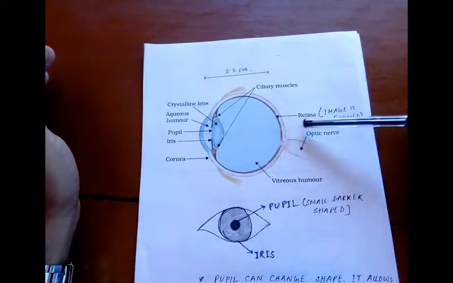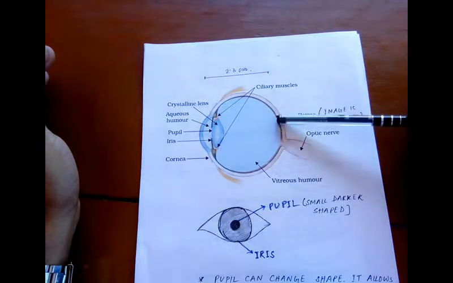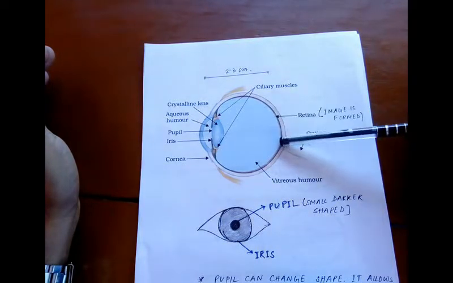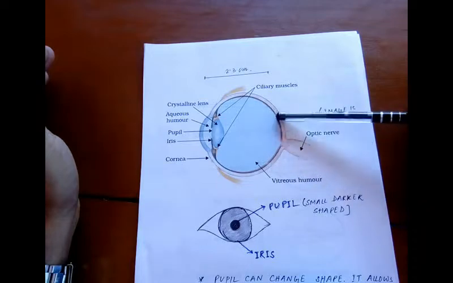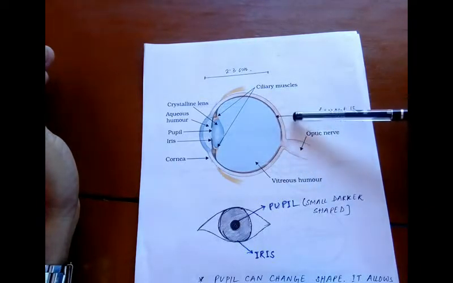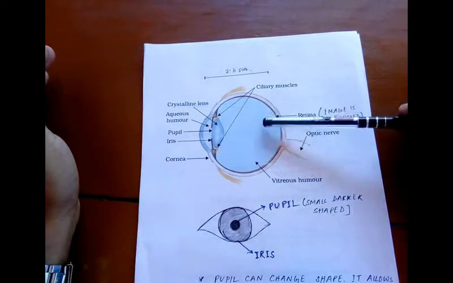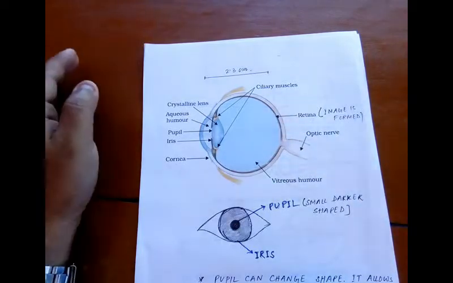From that retina, the light sensitive cells present in the retina will send electric signals to the optic nerves to the brain, and the brain will recognize what you have seen. So I hope you understood.